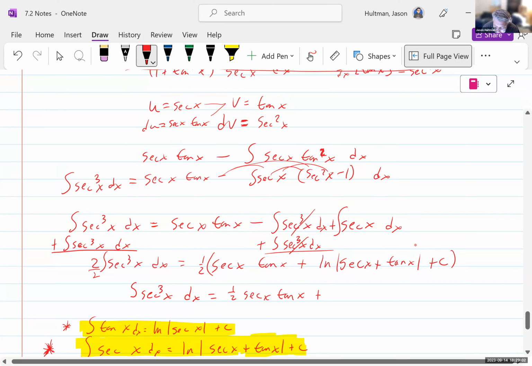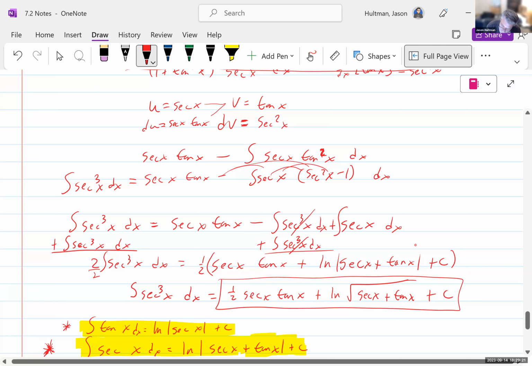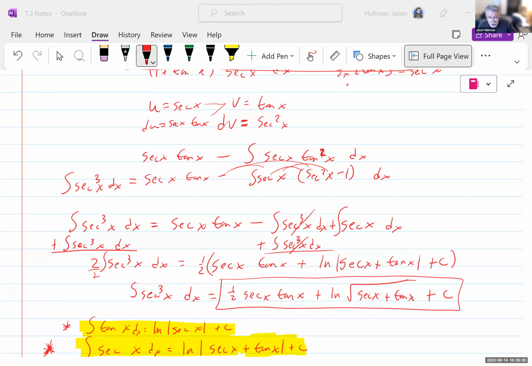But I could turn that 1/2 natural log into a square root. So this is going to be the natural log of the square root of secant x plus tangent x plus c. And that's my answer. Ta-da.